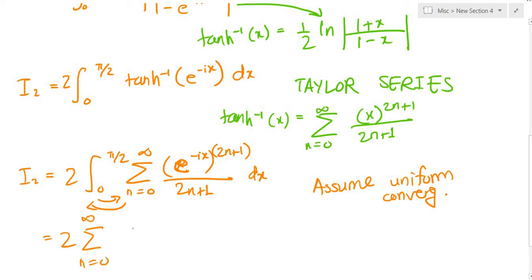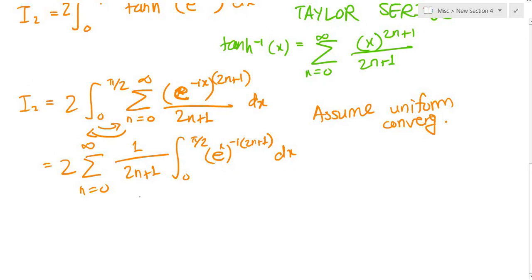I'll take all the terms that only have an n outside, so 1 over 2n plus 1, and the integral from 0 to pi over 2 of e raised to negative i times 2n plus 1 times x. So negative i times 2n plus 1 is basically a constant, a coefficient outside.